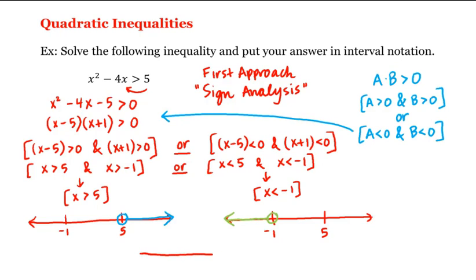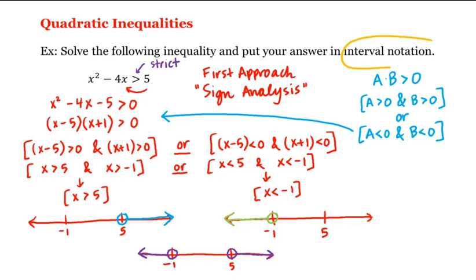So combining these on one number line, we get x is less than negative 1, or x is greater than 5. And notice here that we have open circles at these values because our original inequality up here was a strict inequality.